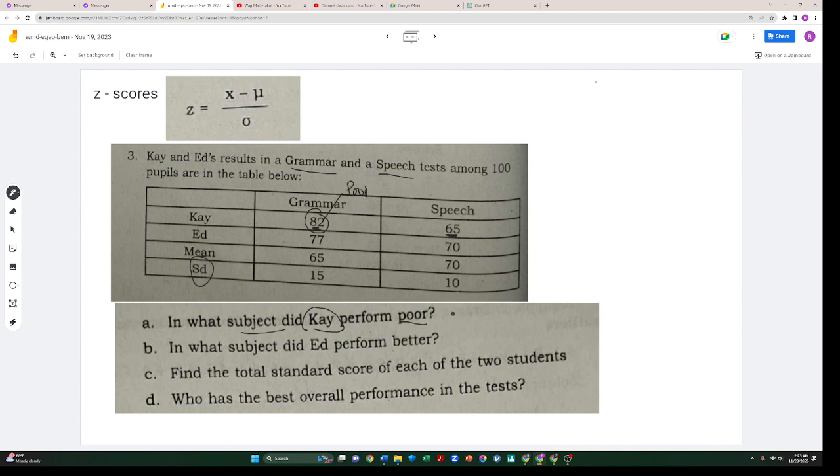Question number 1. So grammar ni siya. So mata-mata na lang ni sir no. O mabantayan man juday na ako na sa standard deviation. Standard deviation man akong ilhanan. It means layo kay ka sa mean. So, importante ang standard deviation. No, na-appreciate na ninyo. In what subject did Ed perform better? Si Ed.